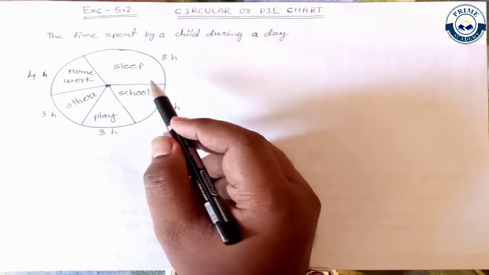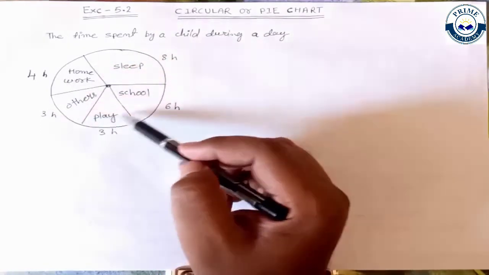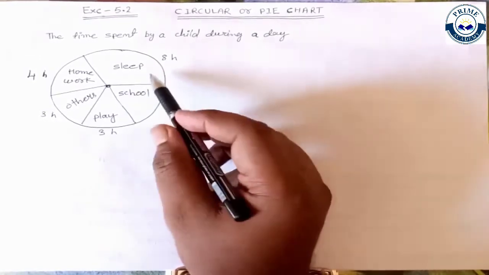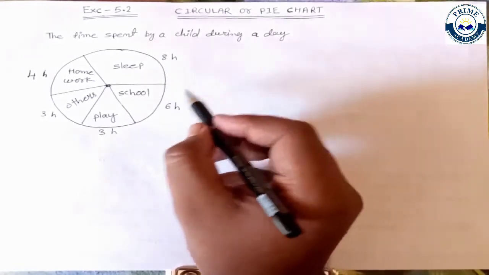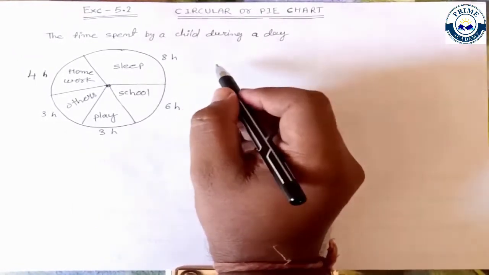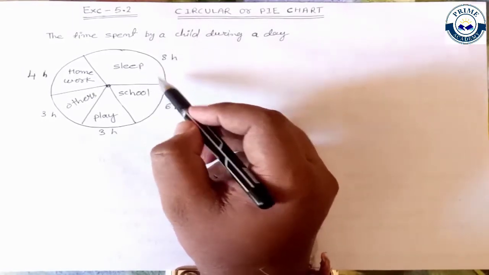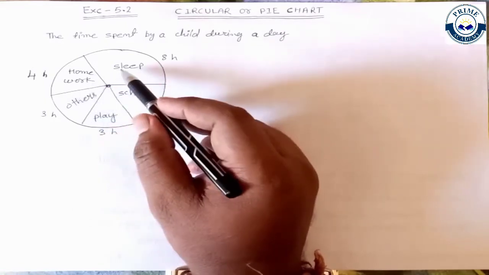day, 24 hours, right? We will see in this circular graph that it represents the whole day span of time. You know, in one day there are 24 hours, right? So you can see the 24 hours we have divided into various sectors in this circle.